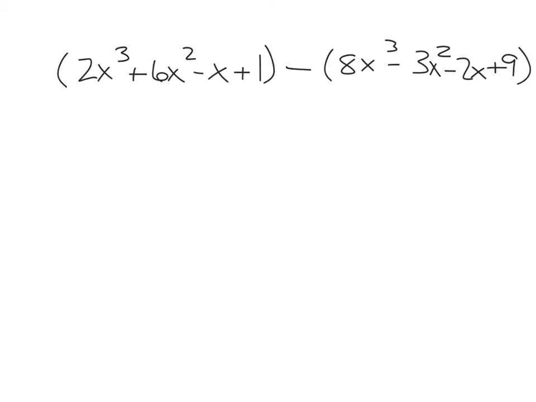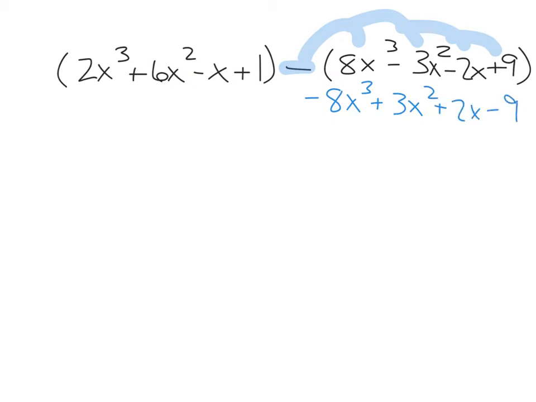Now, looking at it horizontally, we can still do that, but we got to make sure that we distribute this negative that's right here to each term, and it's going to change the sign, okay? So first, you need to make sure you do that. So we have a negative 8x cubed plus a 3x squared plus a 2x minus a 9.